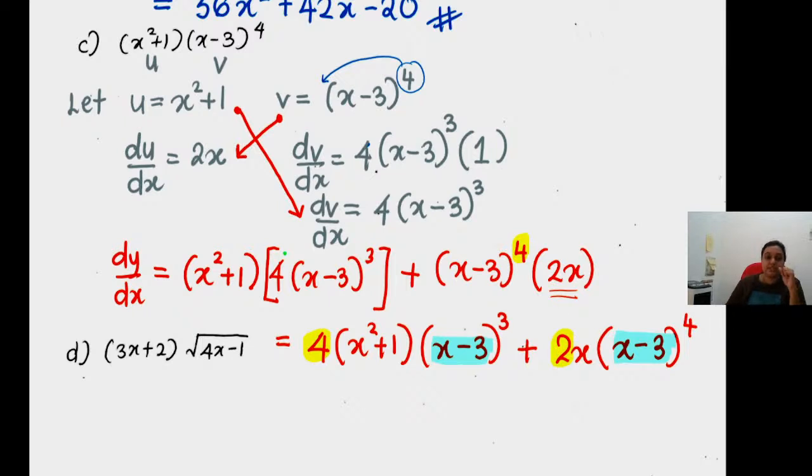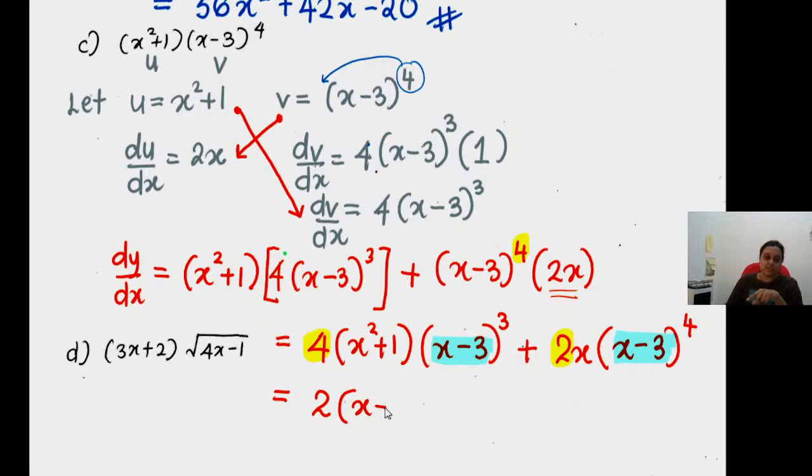So this is very important for a question like this, because anything with big power, you have to try to find common factors, then you factor out. Now let's factor the 4 and 2 first. What is the common factor we can take out? Usually you take out the smaller number, so 2 you pull it out. Then one more thing you need to factor is the x minus 3, isn't it?